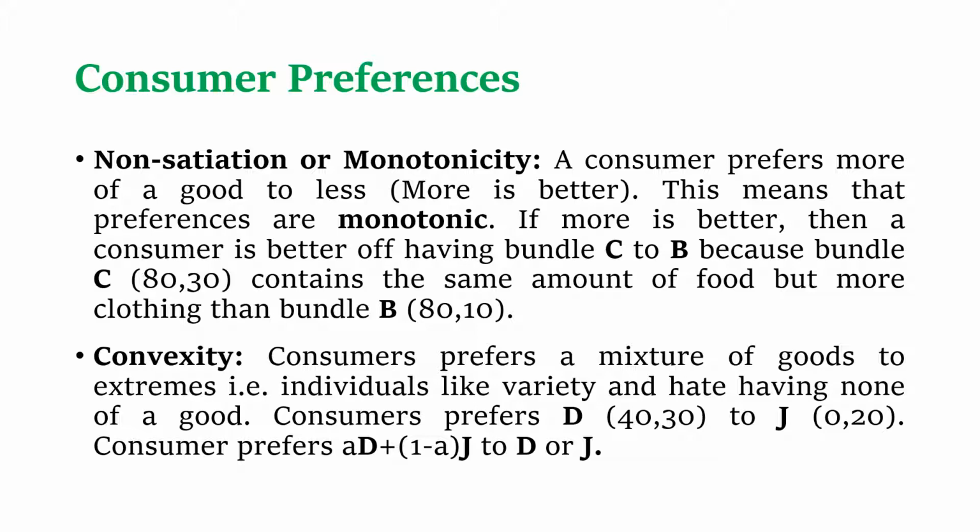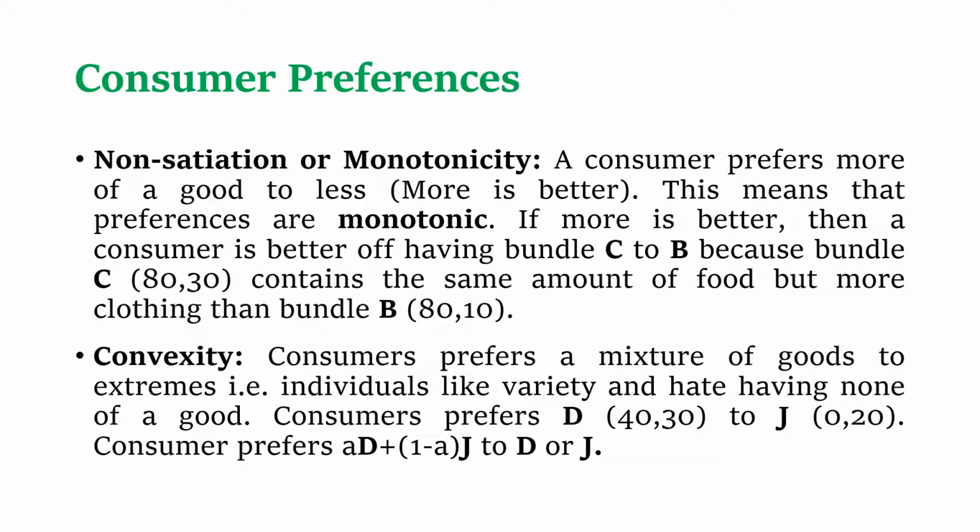Individuals like variety, and they hate having none of a good. Let's take, for example, a case where in bundle D the consumer consumes 40 units of food and 30 units of clothing, and in bundle J the consumer consumes 0 units of food and 20 units of clothing.